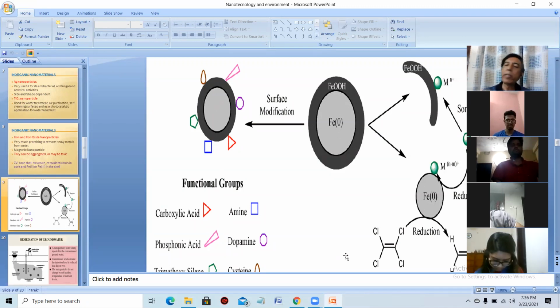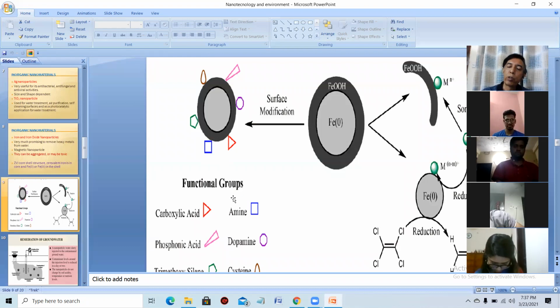So what is the advantage? I told you yesterday that, say for example, you have grafted amine group here. Then this amine group can coordinate. There is a lone pair of electron at the nitrogen of amine group.